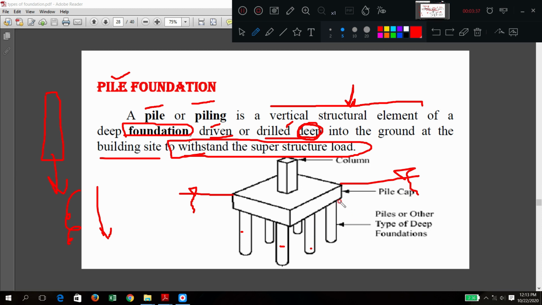Above that there will be a pile cap, which covers all the tops of the piles such that one common cap is provided. Above that we have column construction, which is above the ground level. So pile or other type of deep foundation may be present. Here we have the column head, and in between there is a pile cap.